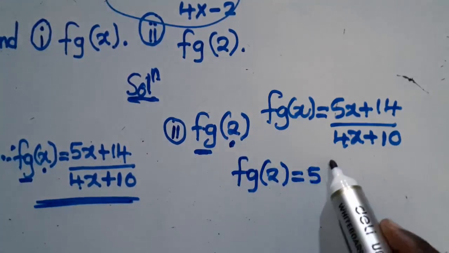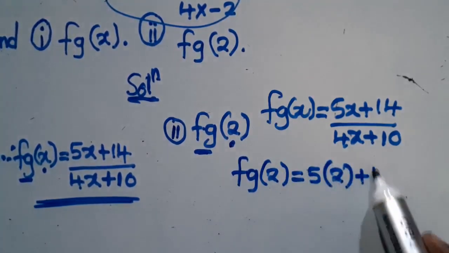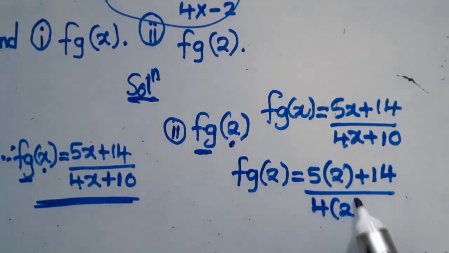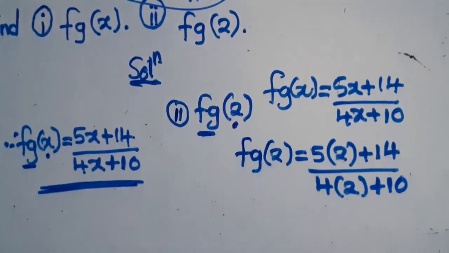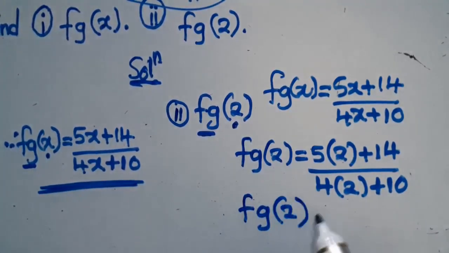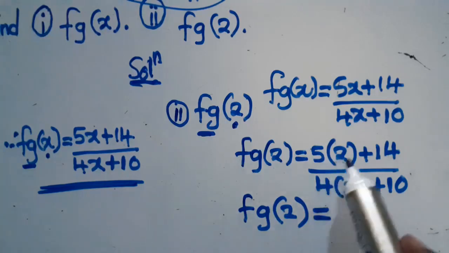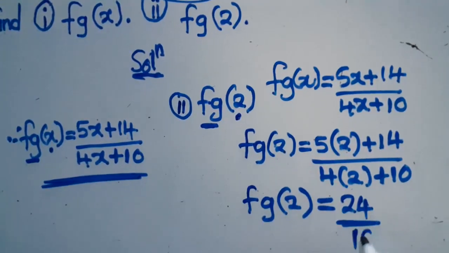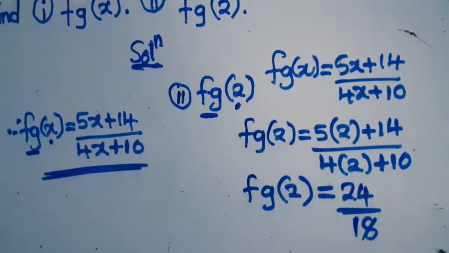So 5 times 2 plus 14 over 4 times 2 plus 10. What is my final answer? fg of 2 is equal to, what answer am I getting? That is 10. 10 plus 14, that is 24, over 8 plus 10, 18. 24 over 18. This is your answer.